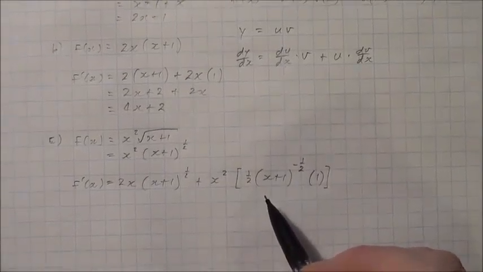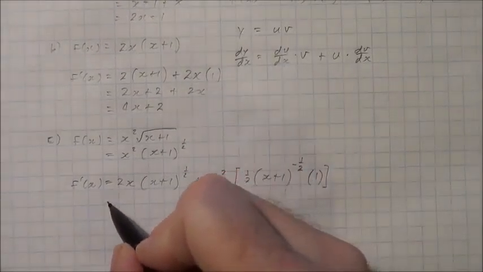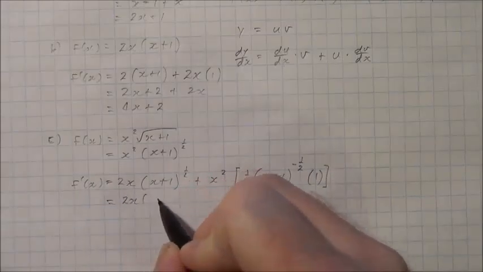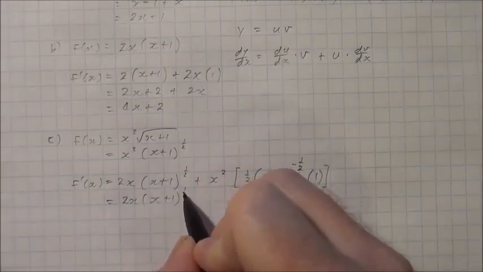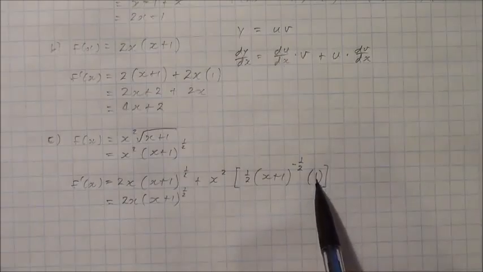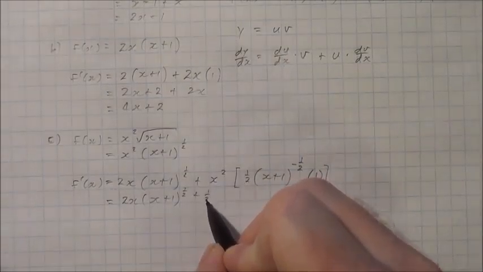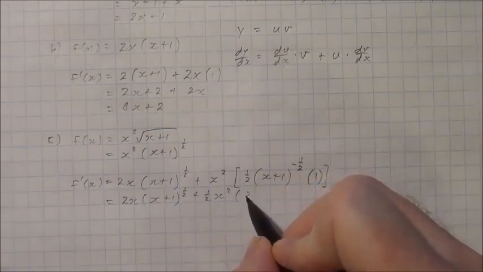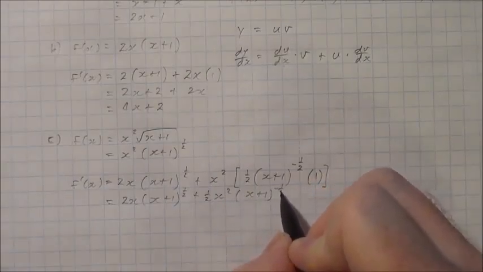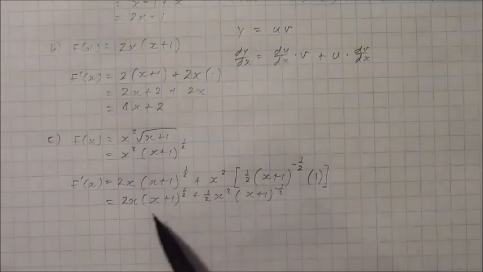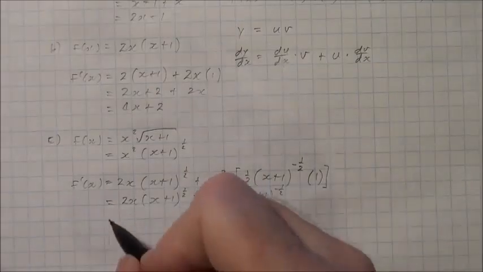So then we can just tidy things up a little bit, so we get 2x multiplied by x plus 1 to the 1/2. That 1 multiplied by half is just a half. I'll bring that outside here, so I get 1/2 x squared times x plus 1 to the negative a half. And then I'll factor out the lowest power of the common factor.